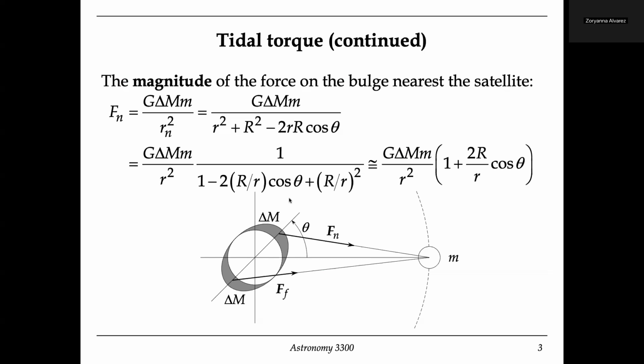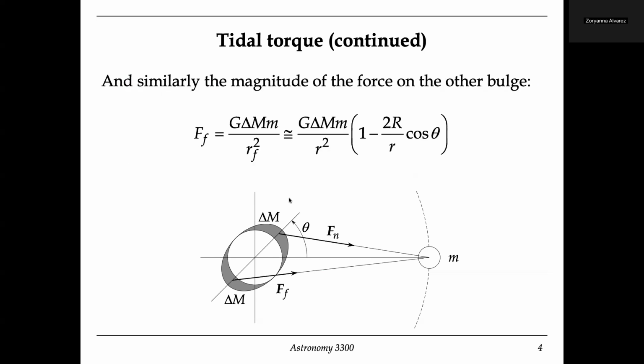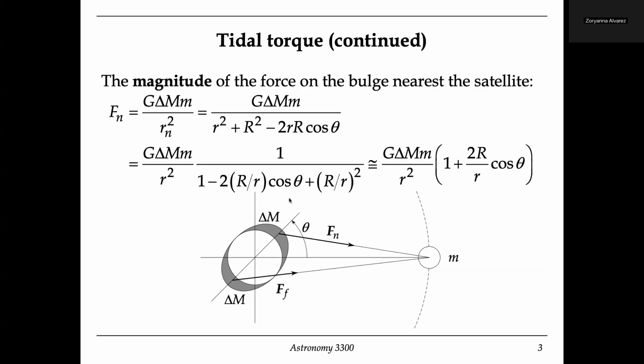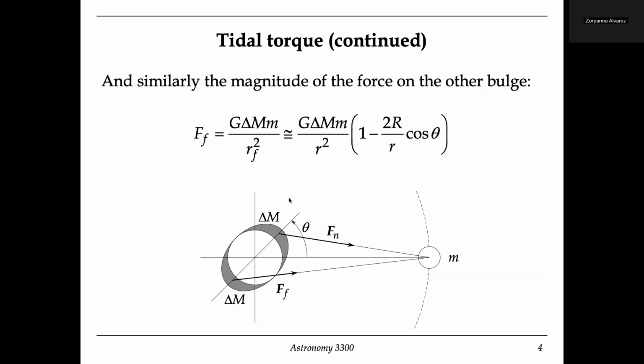So this is the force of the nearest bulge. Similarly, the force on the other bulge is the same, except for a minus sign. So here's the far bulge, and you gain a minus sign here because of the additional distance.